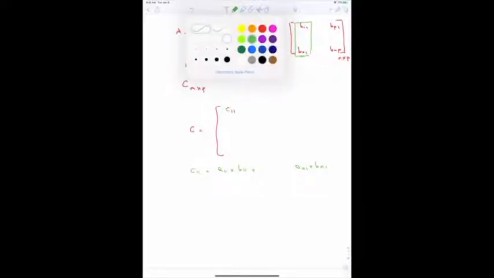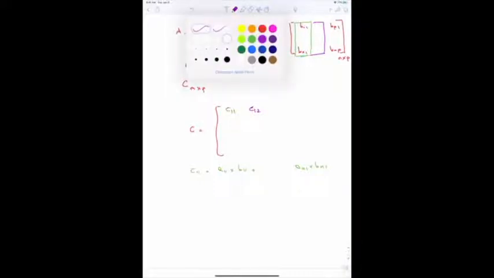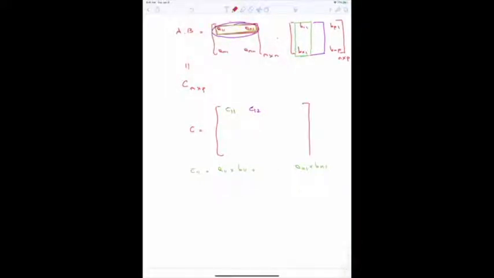Then we're going to move to the next element. I'm going to use a different color: C12. Well, we're going to take again row number 1 because we're looking at row number 1, but now we're going to take column number 2. And we're going to do exactly the same procedure, and so on and so forth.